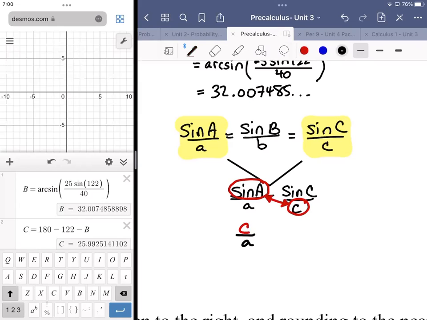C over A is equal to sine of C over sine of A. If I want C alone, now all I would need to do is just send that A up to the numerator of the other fraction. So C is going to be equal to A sine C over the sine of A.